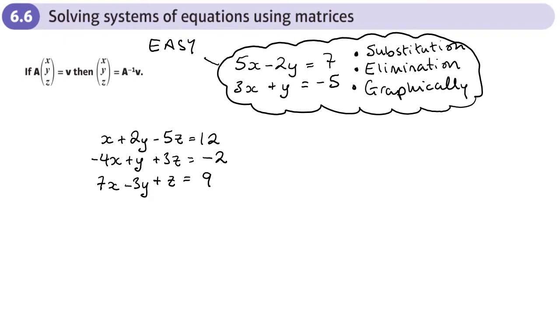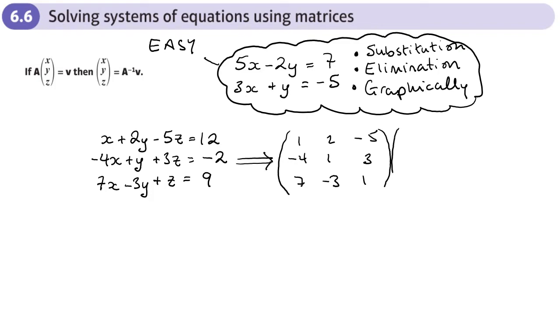Now we can use matrices to solve these, and the first step would be to actually write this set of equations in matrix form. Now the way that we do that, with these equations, we'd form a matrix of the coefficients. So you can see all I'm doing is writing down here the coefficients of x, y, and z.